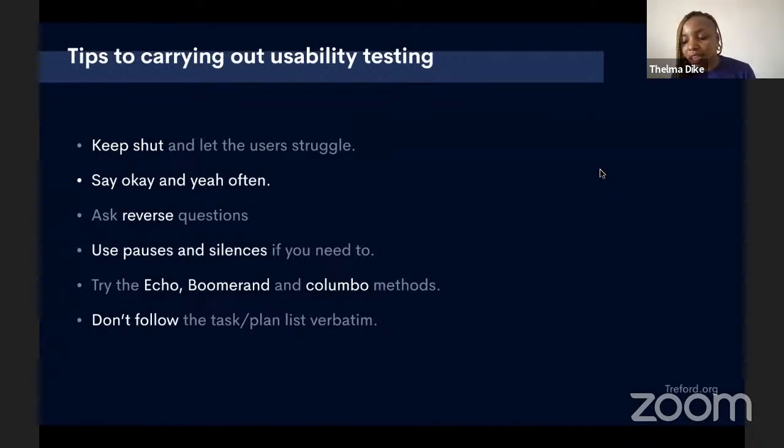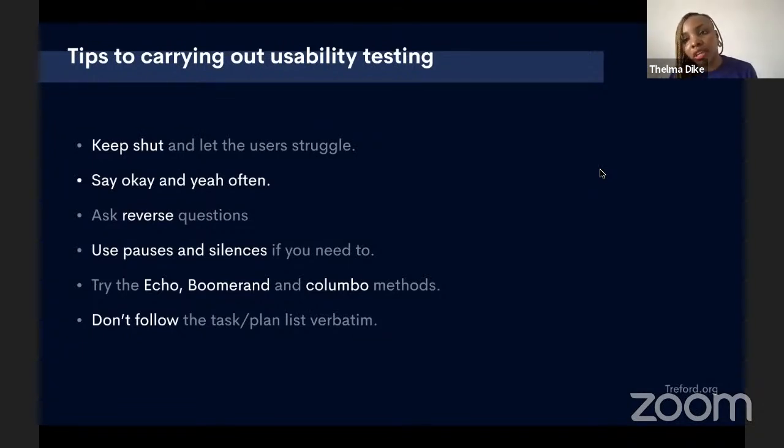Columbo method is like asking partial questions to users in a non-leading way. Just like what I mentioned about the microphone, that's a great example. You say, oh, there's a microphone there, and you just leave the statement there.